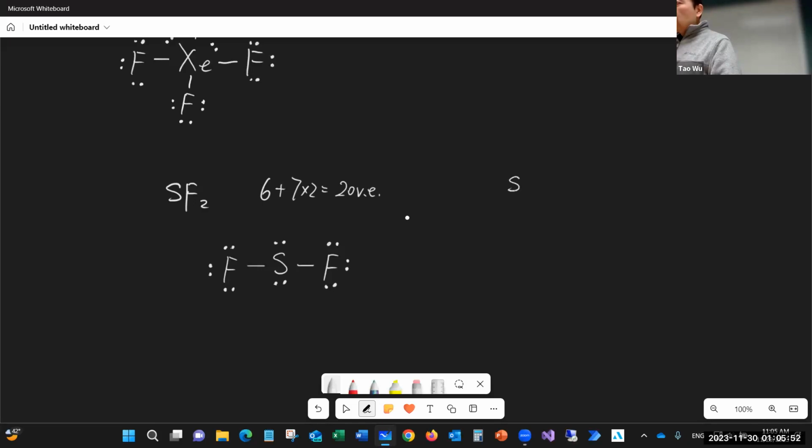Then SF4. So we have 6 plus 7 times 4, so 34 in total. Sulfur in the middle, fluorine on the side, and we still follow the same rule. We're going to add 1 pair of shared electrons between each of the atoms.